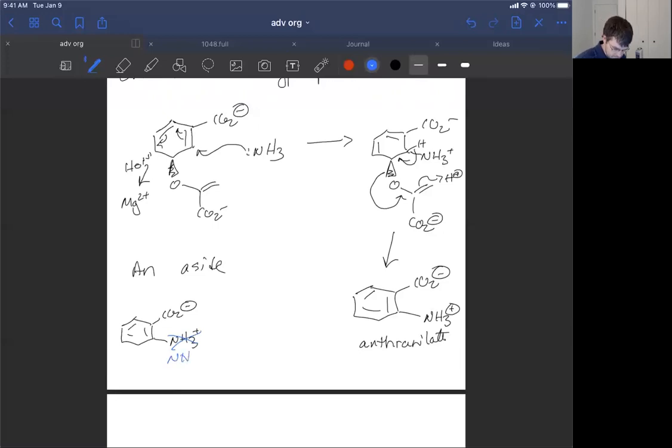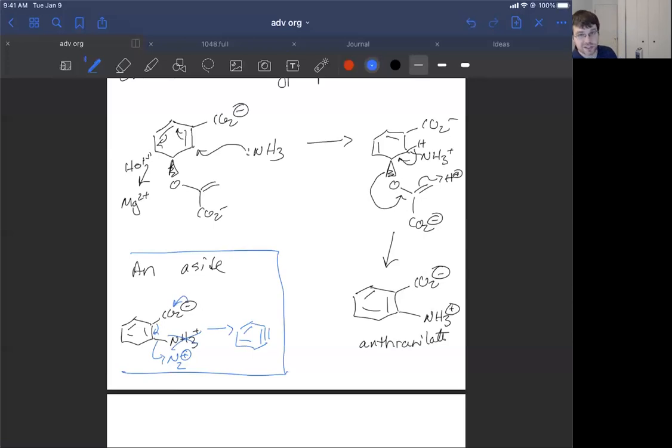Let me write that normally, where you have N2 plus. Then with N2 plus, this negative charge can push through the carboxylate and kick off N2, because N2 is a fabulous leaving group, to give us benzene.